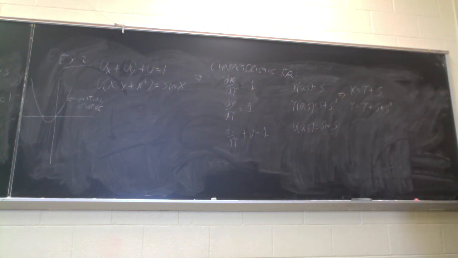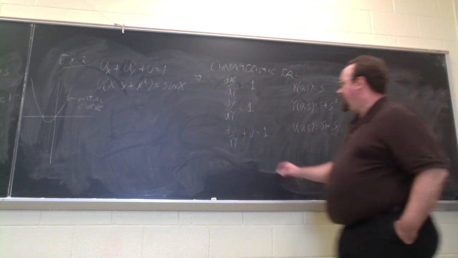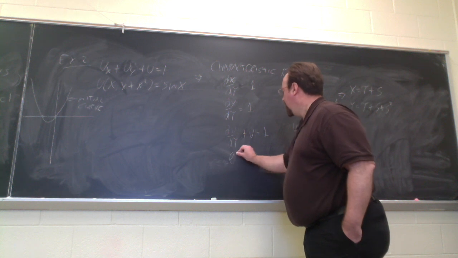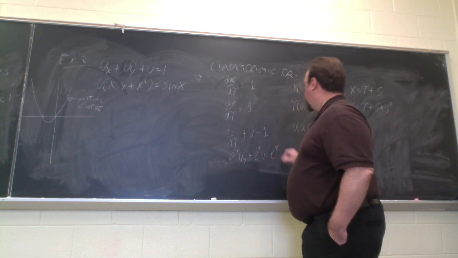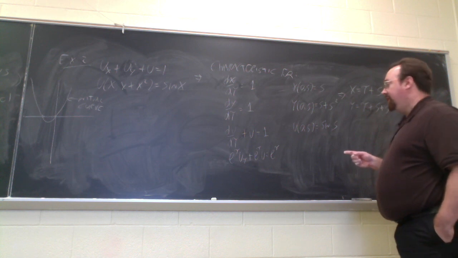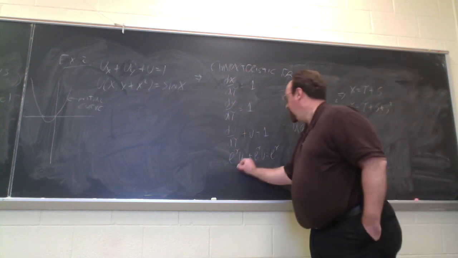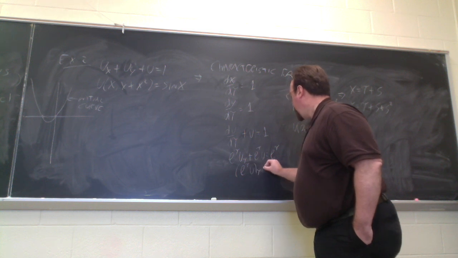This is a linear first order equation, so you use the integrating factor e to the tau. You multiply through by e to the tau, and then we have (e^tau u)_tau is equal to e to the tau.